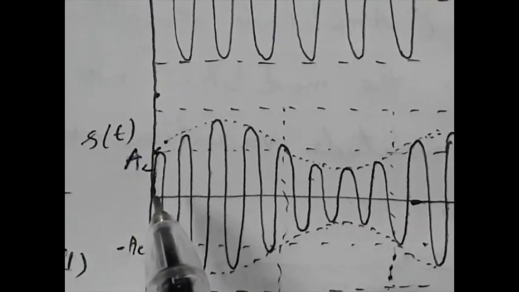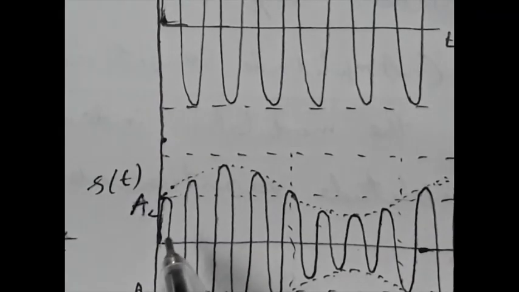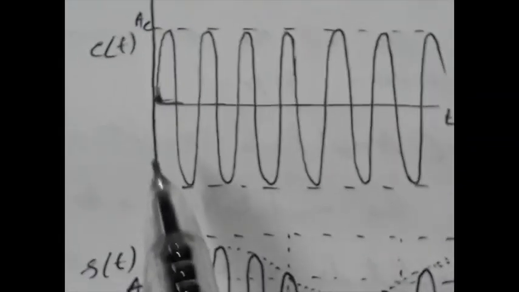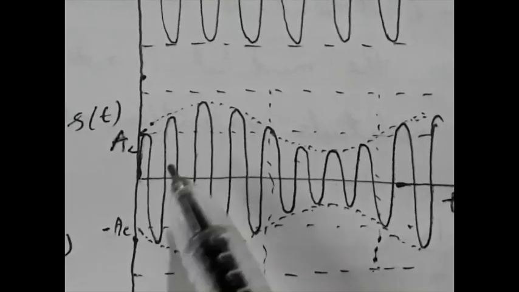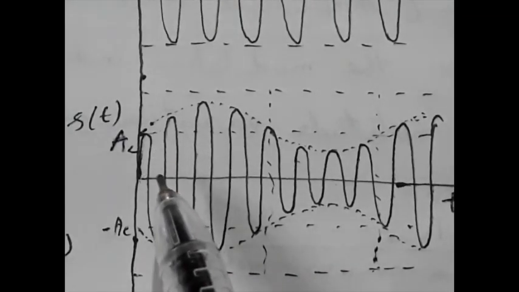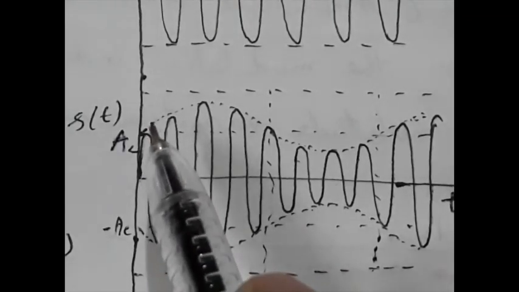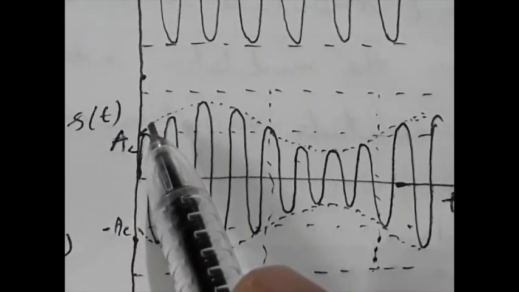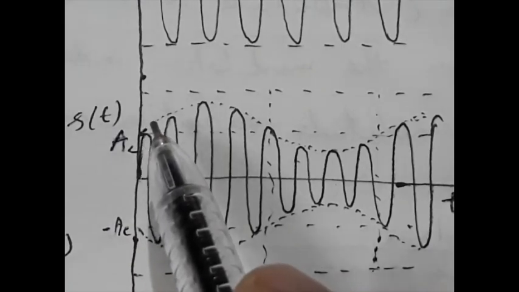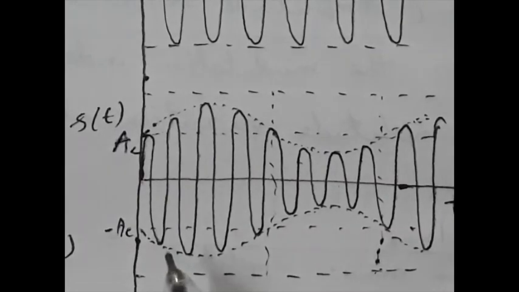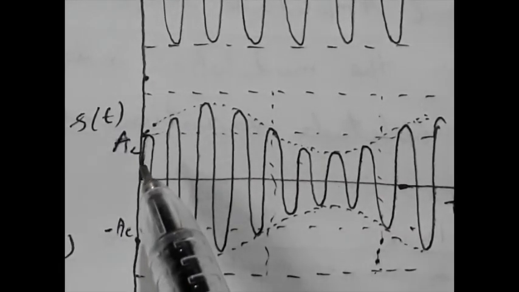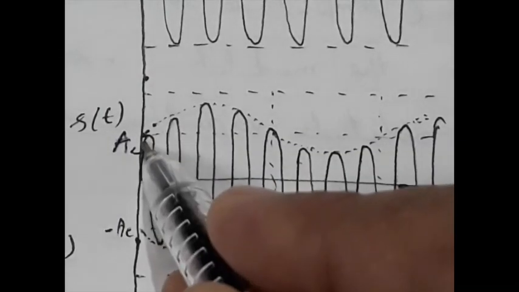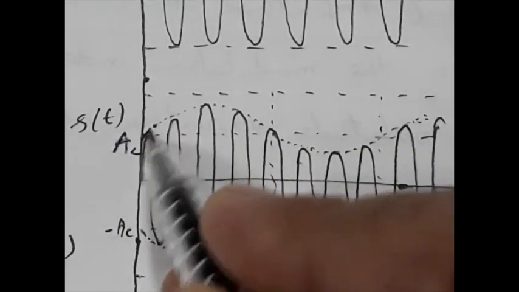Then you draw each cycle of this carrier here, but the amplitude will be dependent on these two curved lines. So for the first cycle the amplitude will be this one.